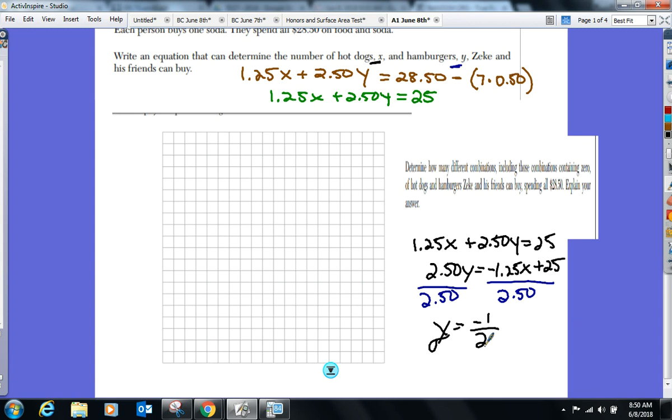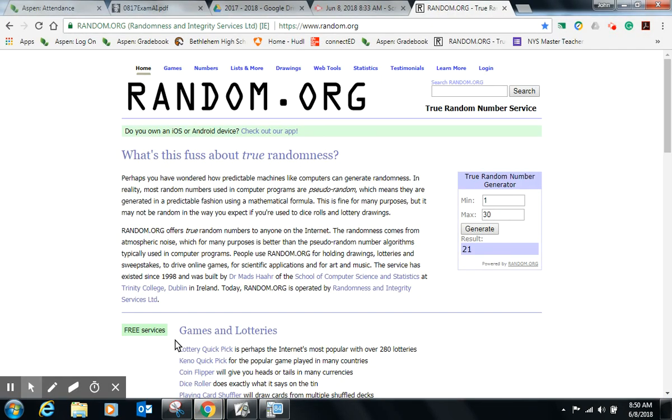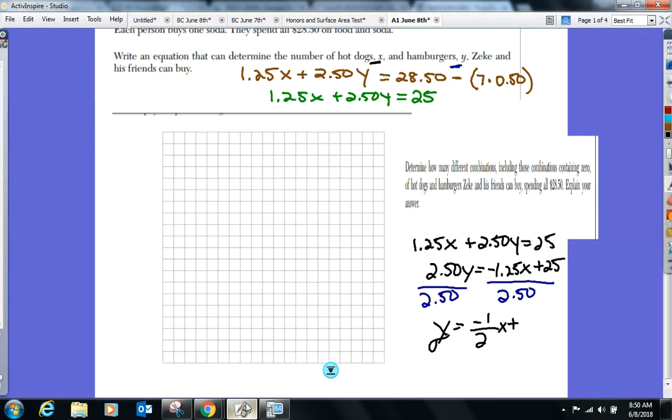Yeah, but you're going to have to graph it, remember, so change it to a fraction. And then over here, plus what's 25 over 2.50 reduced down to? 10. So here's the equation we're graphing, guys. Y equals negative 1/2 x plus 10.